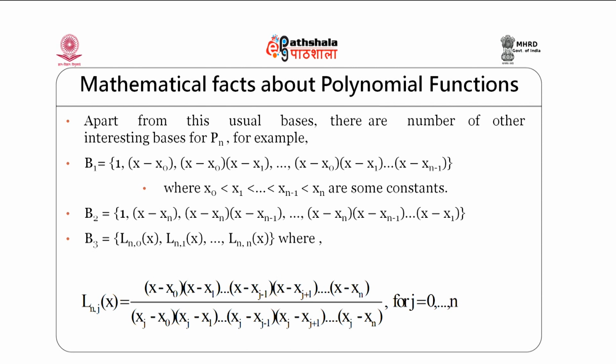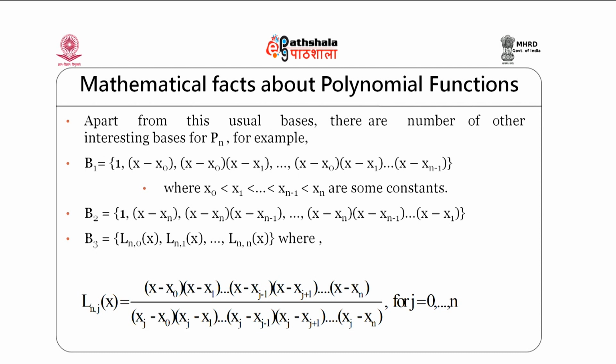A very special basis is called B 3, which is given by L n 0 x, L n 1 x, up to L n n x, where L n j x, because n is fixed here, n is the degree, since we are taking all polynomials of degree at most n. So, n is fixed here and j will change the function.